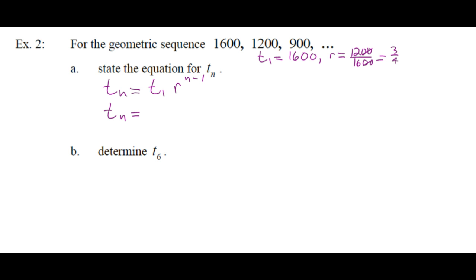T sub n, so in this case, we're not looking for a term, we're looking for an expression for the general term, is 1600 times 3/4 to the n minus 1. Now sometimes you can simplify that a bit if you multiply this by 3/4 or by 4/3.